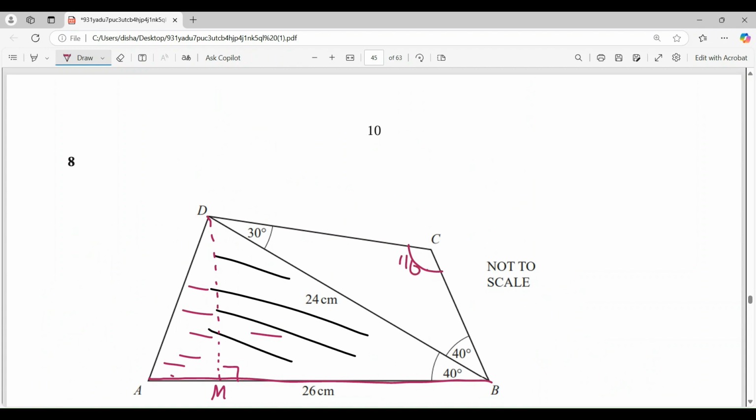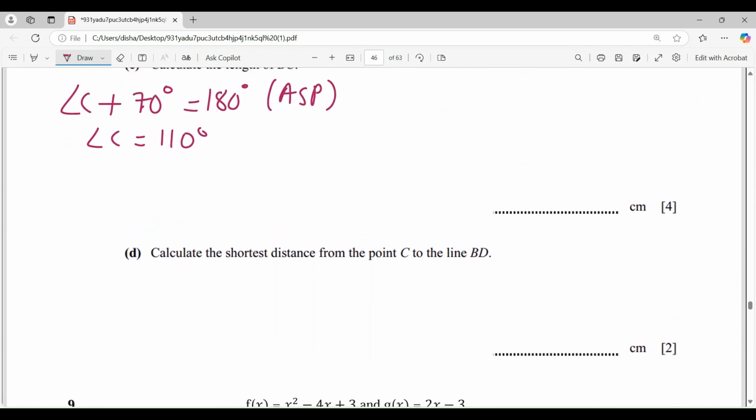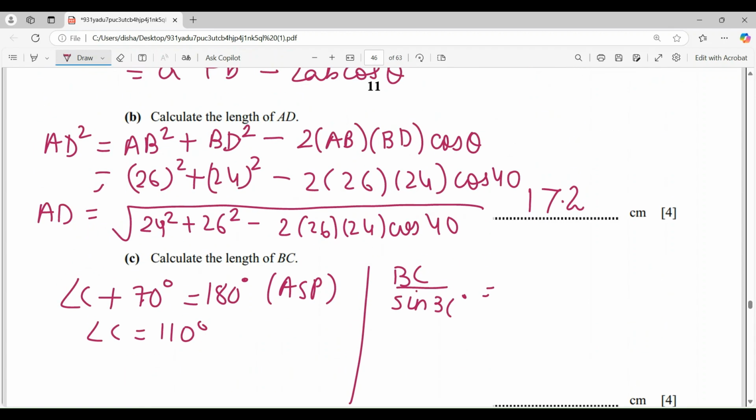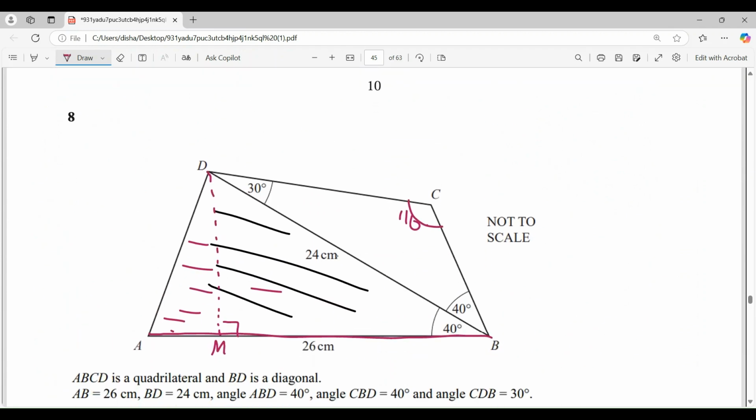So then we can directly compare it. We have to find BC, take the opposite angle. So BC upon sine 30 will be equal to, which side do we have here? We have 24. So what is the angle opposite to it? 110.